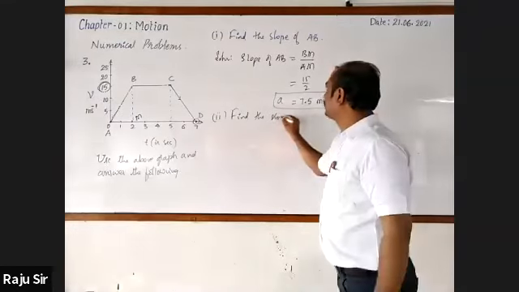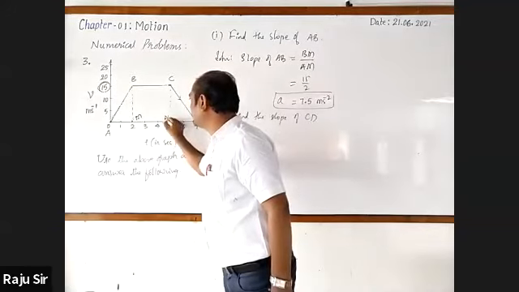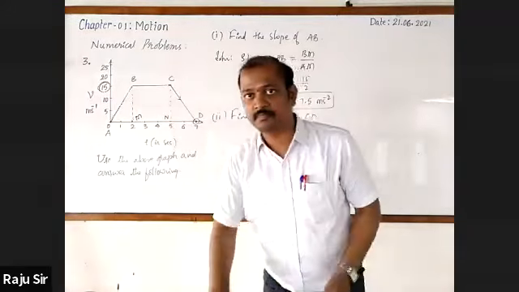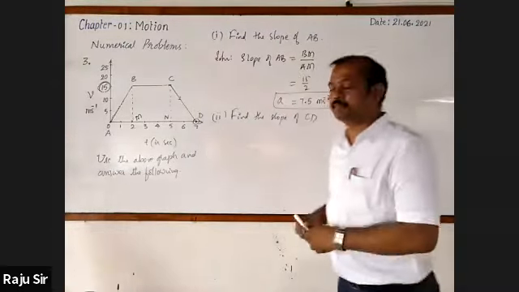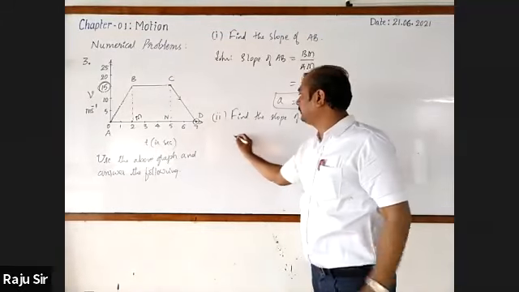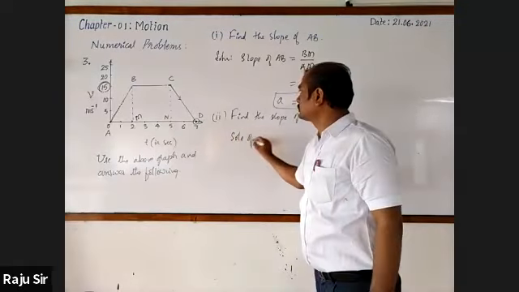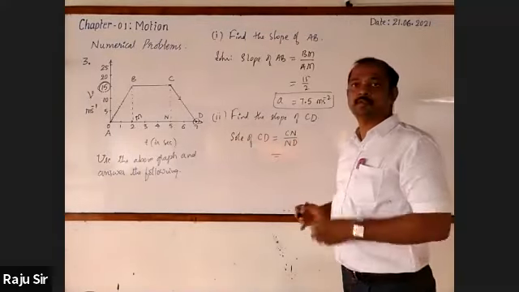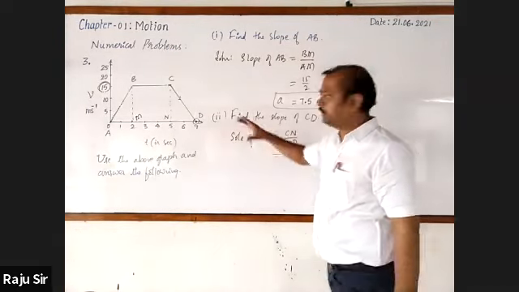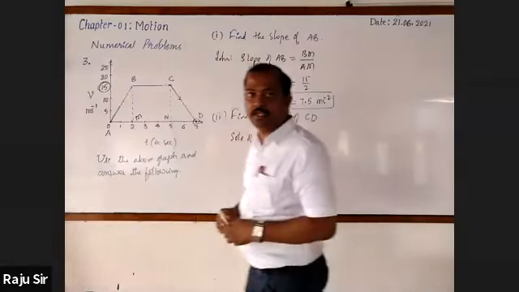Find the slope of CD. This time you can expect from Fahim. Fahim, what is slope of CD? Only Fahim will tell. Sir, slope of CD is CN by ND. CN is 15.